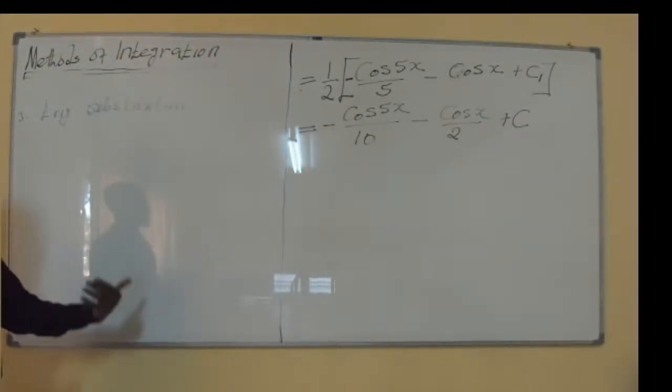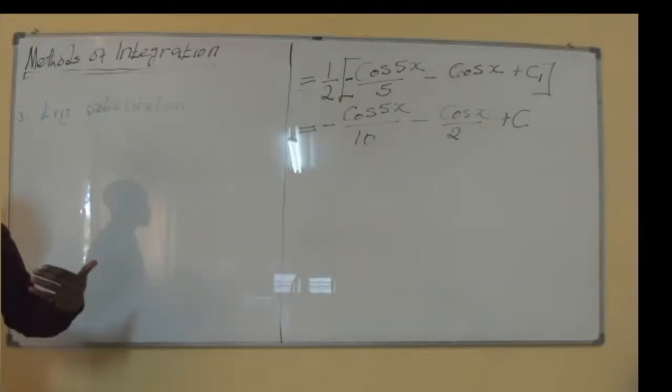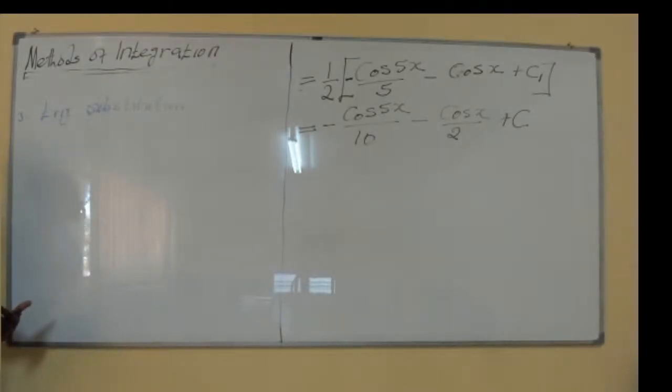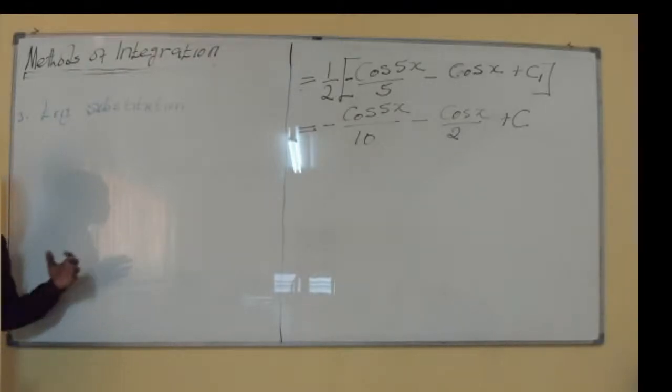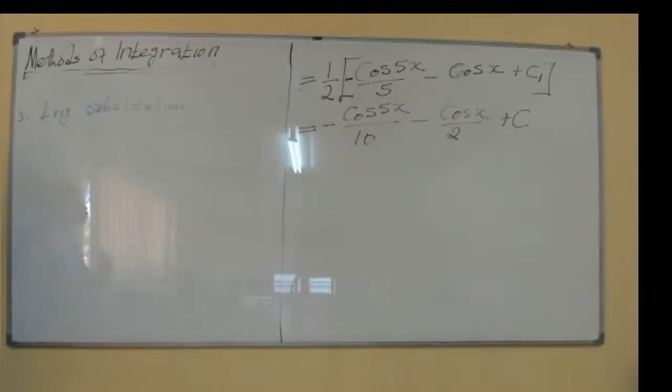Now, the kind of substitution is not just that you look at the question and say, I need to substitute with the tan, or with the cosine, or with the cot. No. You remember I mentioned we did the derivatives of inverse trigonometric functions.